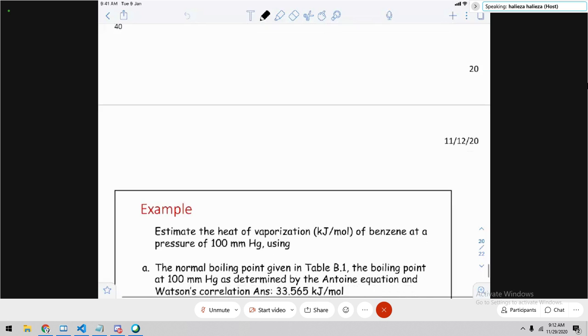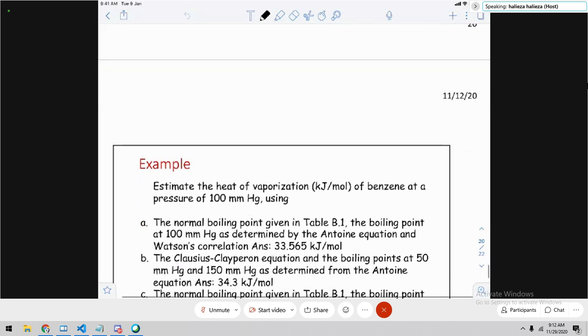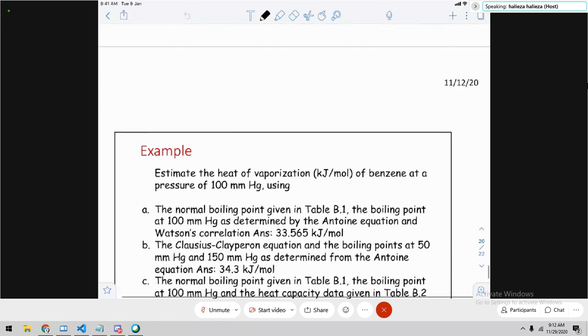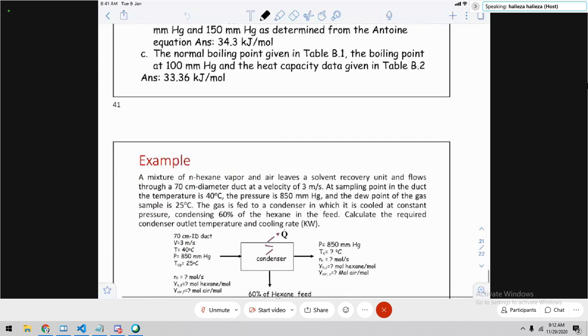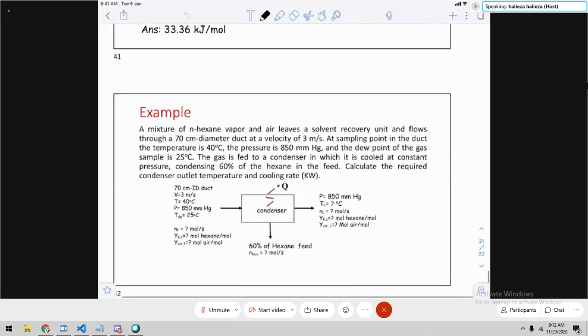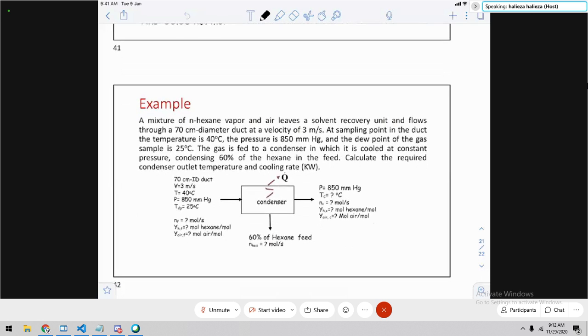We're not going to do this yet because we haven't looked at the topics on latent heat. This looks interesting, but I'm not sure whether we're going to spend that long on this.